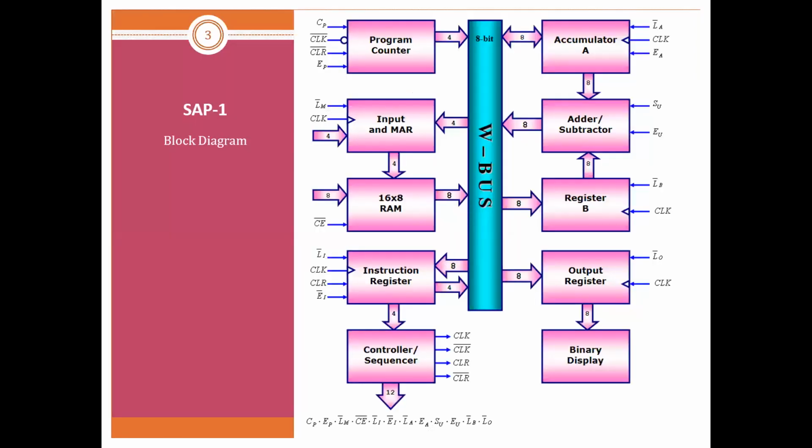In this block diagram, Simple-As-Possible, you have program counter, input and MAR, 16 by 8 RAM, instruction register, controller sequencer, accumulator A, adder subtractor, register B, output register, binary display.